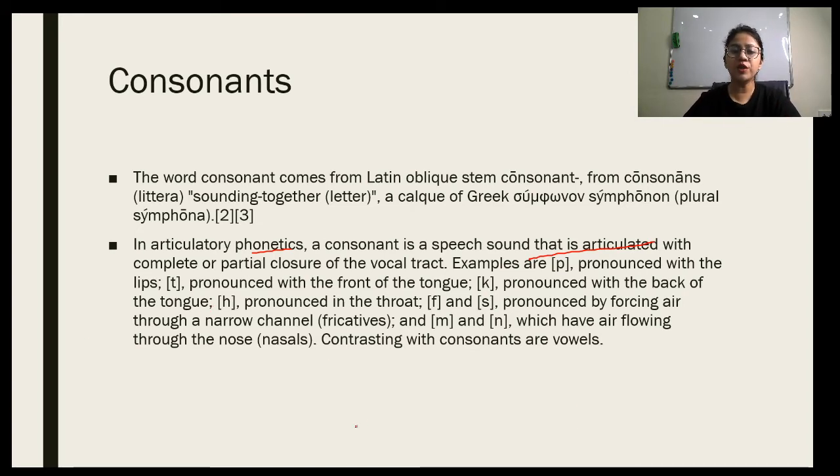Examples are P, pronounced with the lips, T, pronounced with the front of the tongue, K, pronounced with the back of the tongue, H, pronounced in the throat, F and S, pronounced by forcing air through a narrow channel, fricatives, and M and N, which have air flowing through the nose, nasals. Contrasting with consonants are vowels. All right. So that's about consonants in terms of the definition.